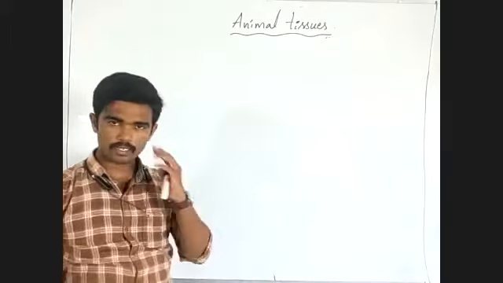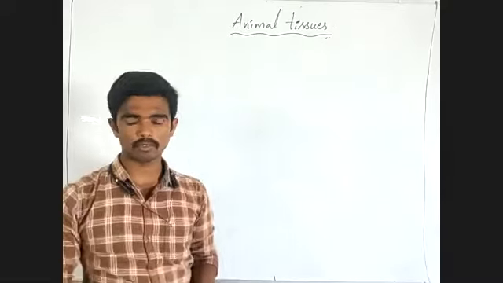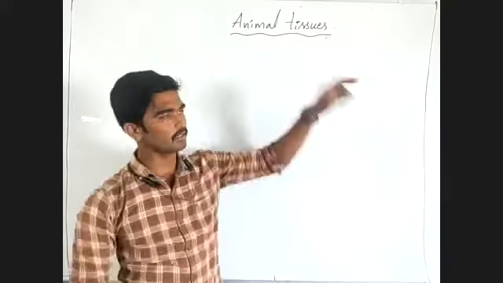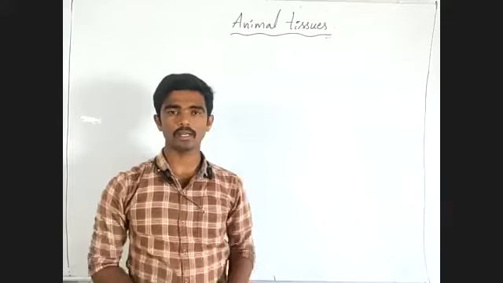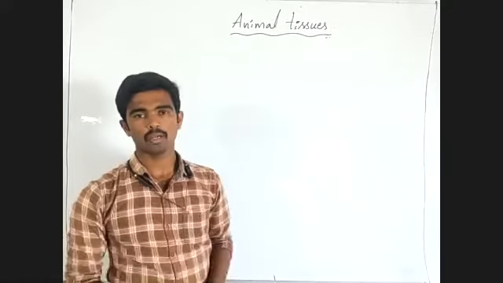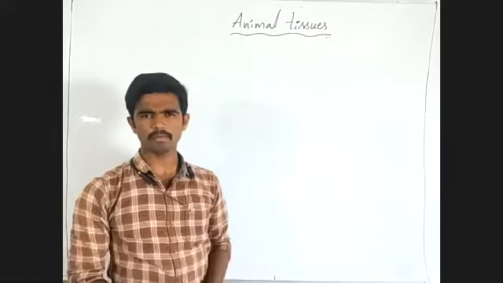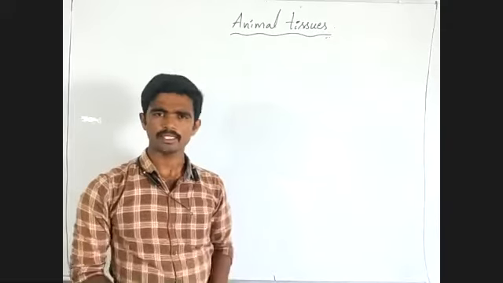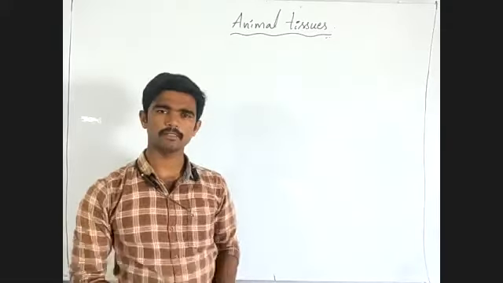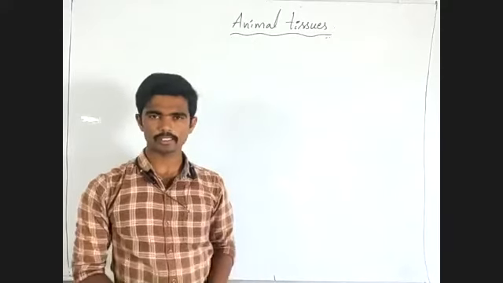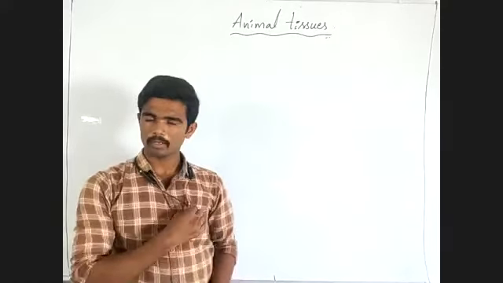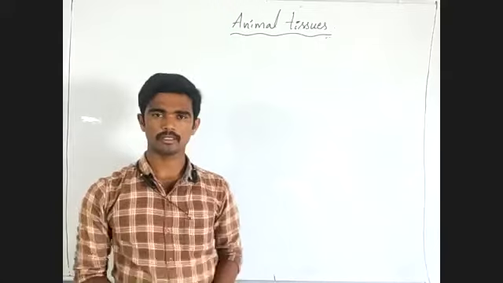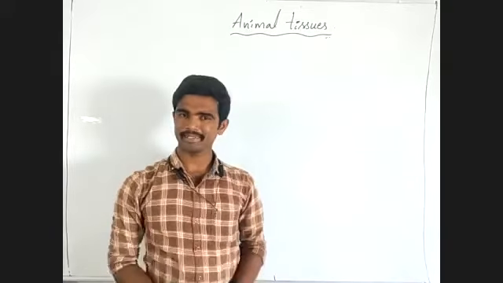In the last classes we discussed some topics and subtopics in the animal tissues chapter. Now in this class we will discuss some other ones. In the last class we completed the activities to observe the skin tissue, the muscular tissue, and the different tissues, mainly these two and blood tissue, which is fluid connective tissue.